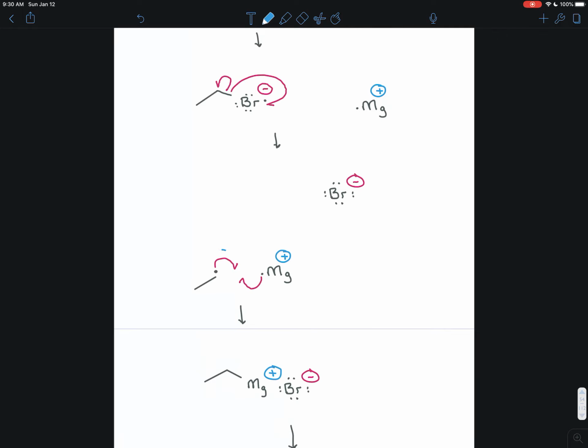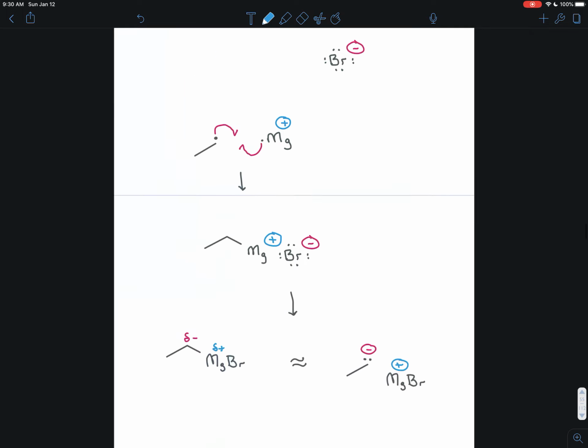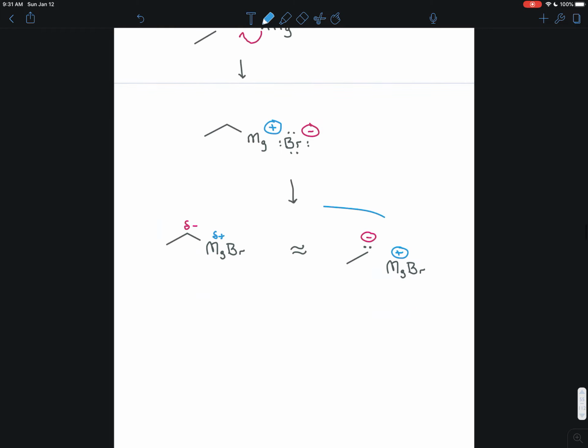And it creates a new radical on the carbon that was bonded to the bromine. That radical pairs up with the magnesium radical that was created. And then the positive and negative charges are electrostatically attracted to the negative bromine. And so you get your Grignard reagent. And so then you can use that as a carbon nucleophile.